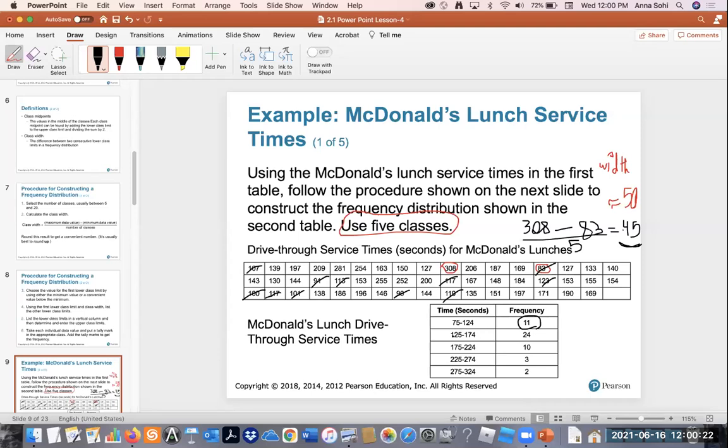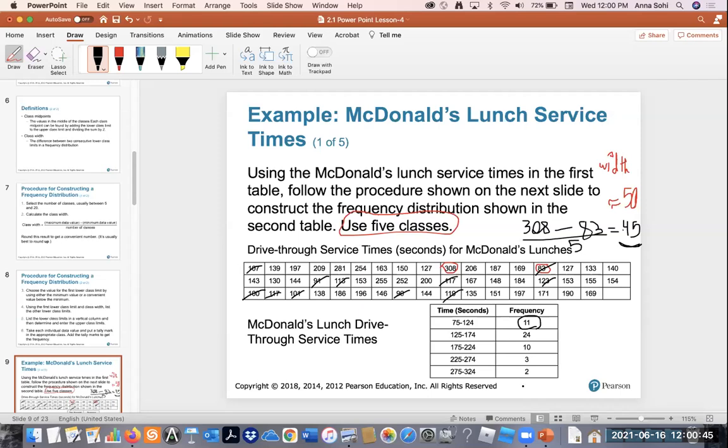And so forth. You go, how many between 125, including 125, and 174, and so forth. So if you add the frequency, what do you think you should get? What should be the total? You're counting the numbers and crossing them out and writing them down. So how many data do you have and what would be the total frequency?